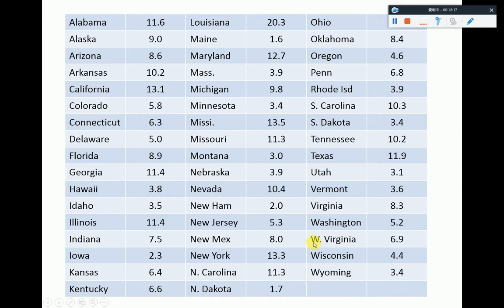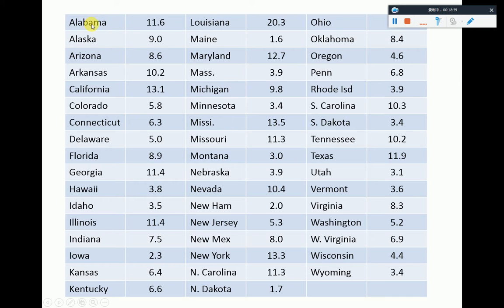So this is the table. Fantastic. We have all the states from Alabama to Wyoming, including Alaska and Hawaii. Is there DC here? I don't see DC here, so it's just the states: 48 contiguous states plus Alaska and Hawaii.